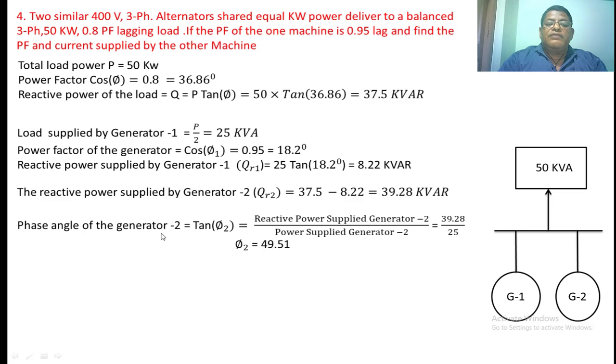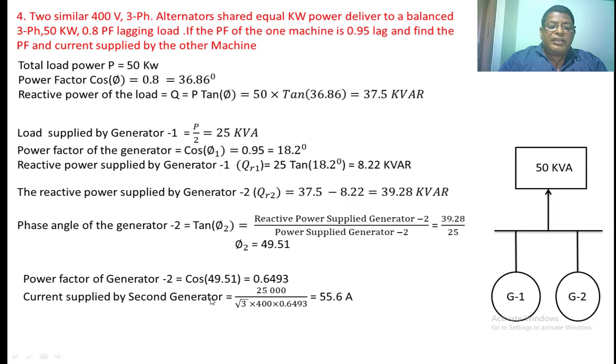Now for generator 2, tan phi 2 equal to the reactive power supplied by the second generator divided by the power supplied by the second generator, that is 29.28 divided by 25. For phi 2 you are getting 49.51 degrees. Now the power factor of the second generator equal to cos of phi 2.